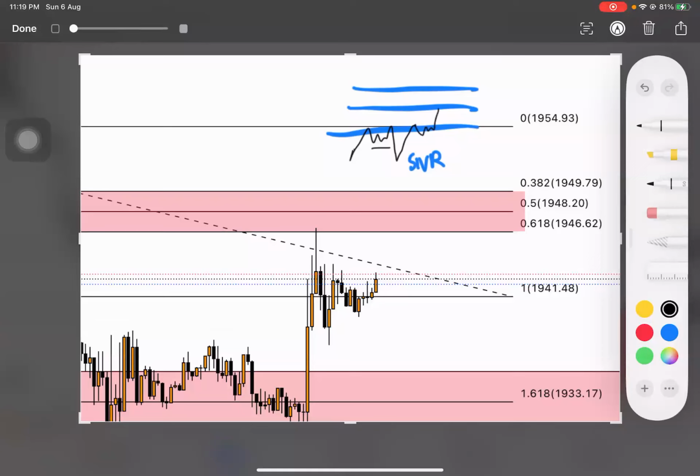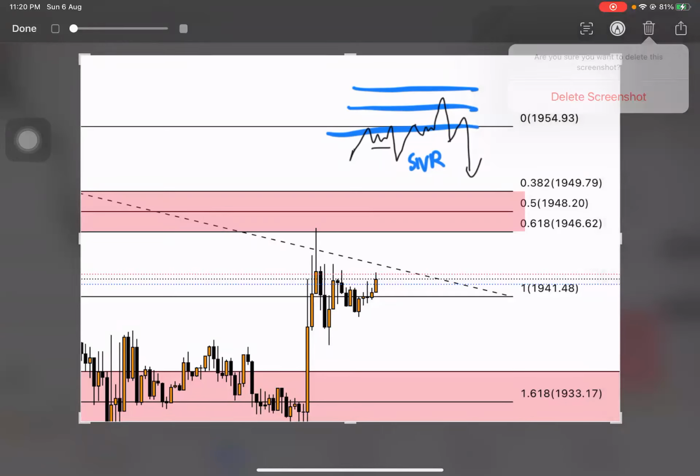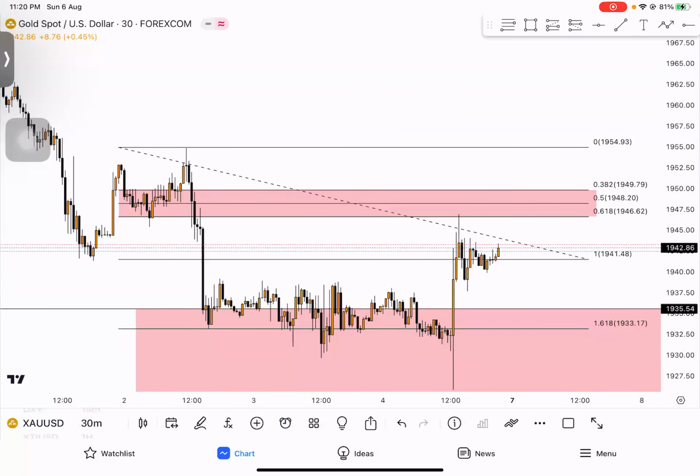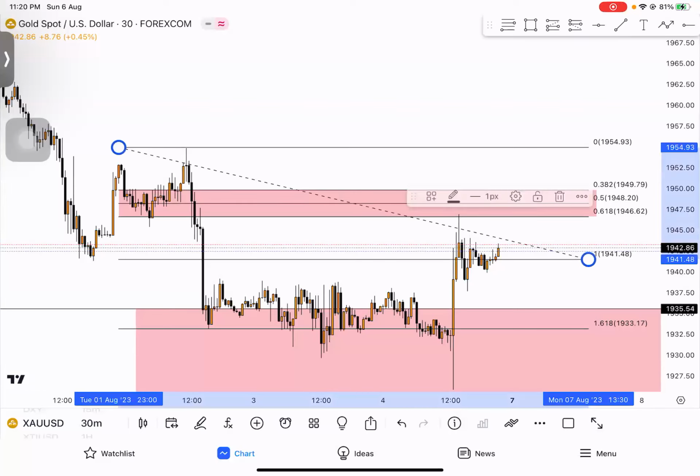If it comes again a second time, breaks out the first level, and pulls back, you can try the entry. You have to trade every Fibonacci level as SNR. Where is your TP? My TP will always be on 1, and your SL is another level above.